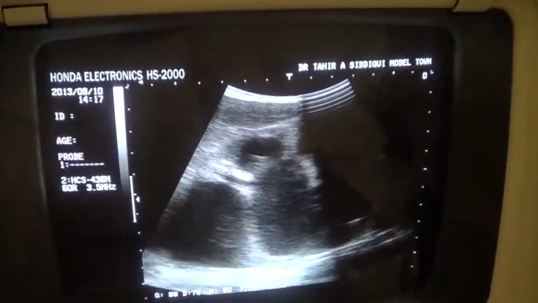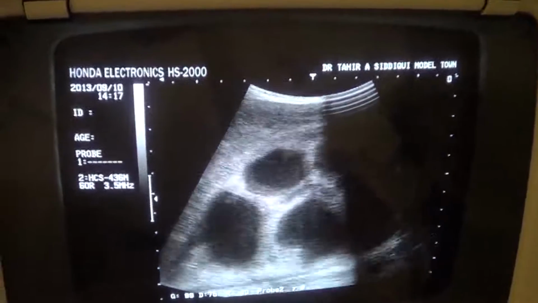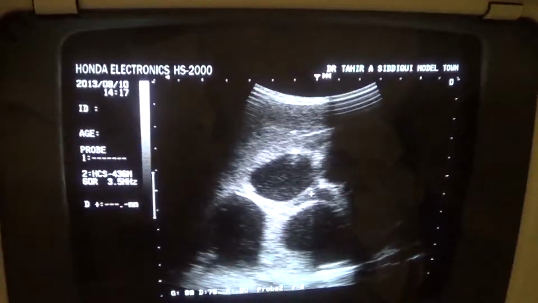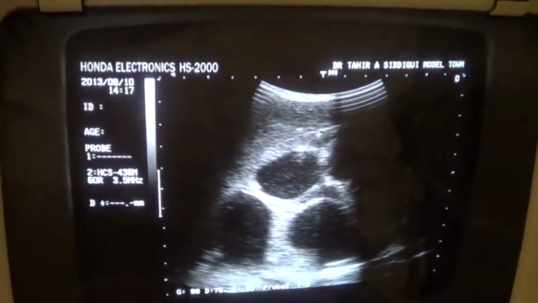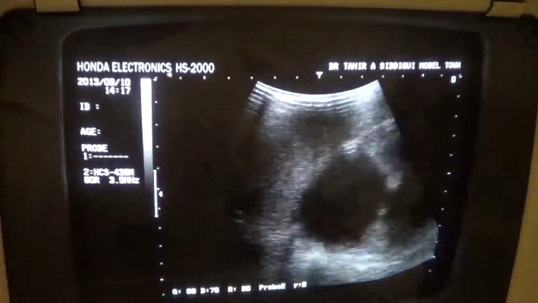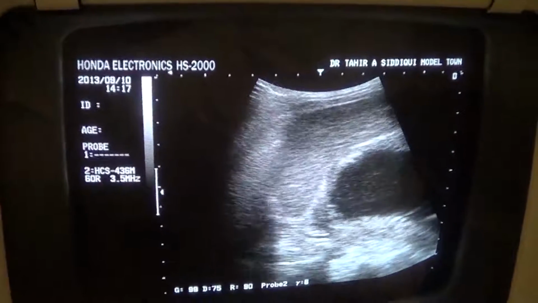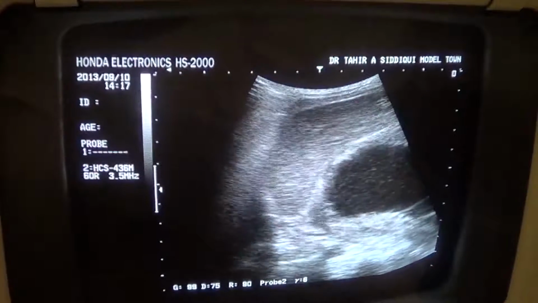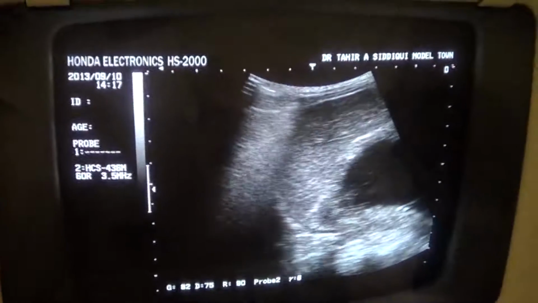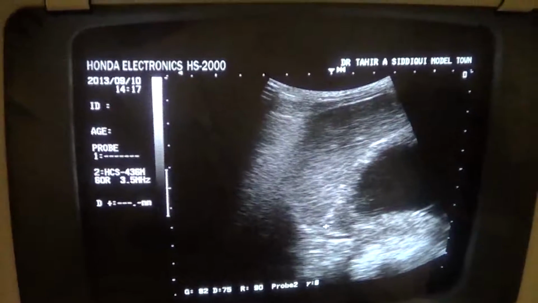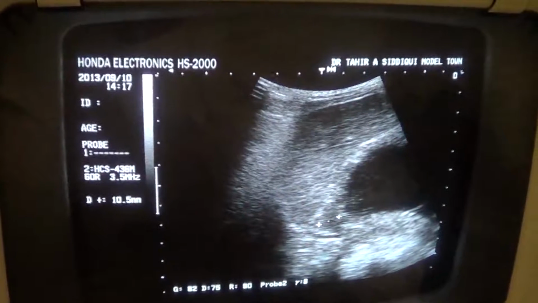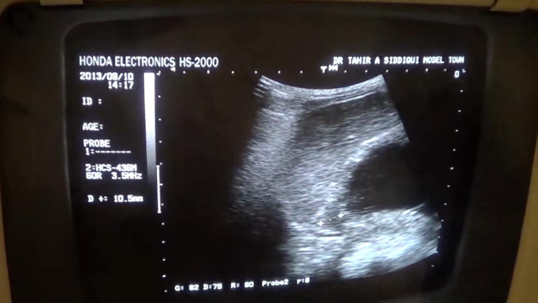And the parenchyma in this region measures 6.5 millimeters at the anterior mid-region, and at the upper pole it measures 10.5, and here the echogenicity is normal.